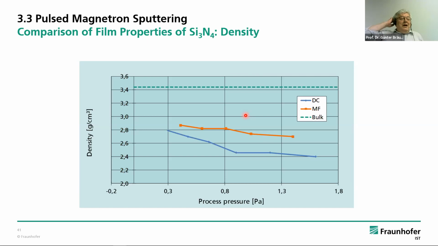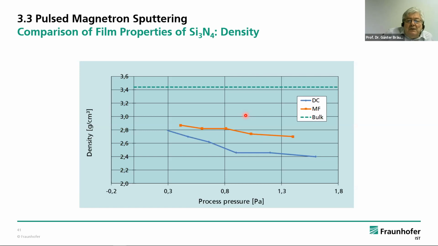if you have the anode, then the electrons are moved towards the substrate by the electric field. So in case of MF sputtering, you have a much higher bombardment of the substrate than in case of DC sputtering, and this acts like a bias you apply often.